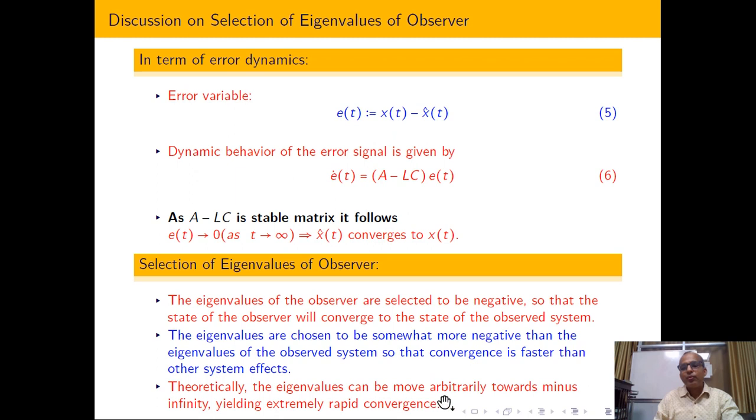In a later part, when you become more mature, it is possible to show that if you put the eigenvalue very far from the equilibrium, meaning e equals 0, then what happens? This system acts like some kind of differentiator. And differentiator means if you have high frequency noise, even if the amplitude is very low, due to the differentiation phenomenon, what happens?